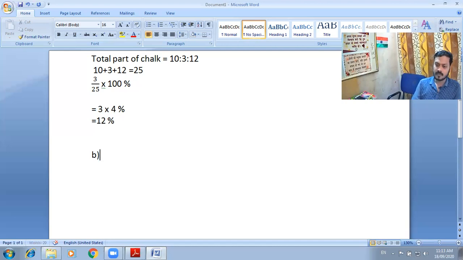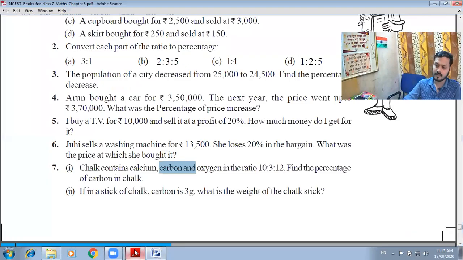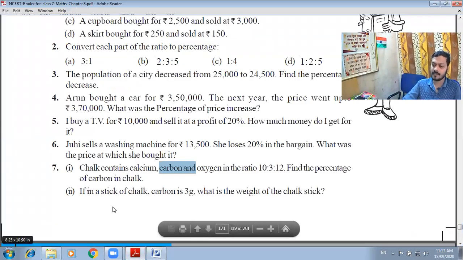Move to the next one, part B. It is given that in a stick of chalk, carbon is 3 kg. What is the weight of the chalk stick?